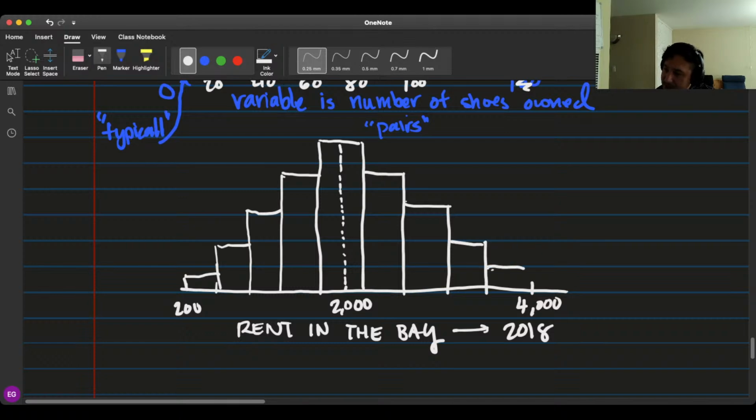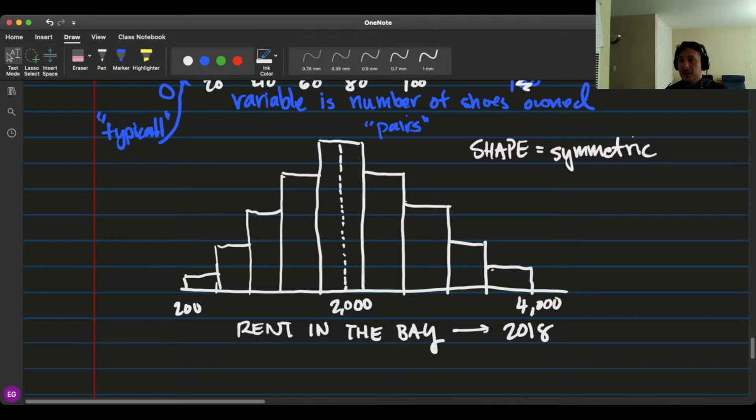So what sort of shape did I see in my rent data? How would we describe the shape of this? Yeah, good, symmetric. Okay, now what's typical is about $2,000. When I calculated the standard deviation, it was $750.